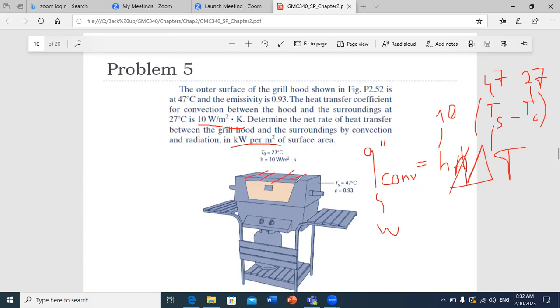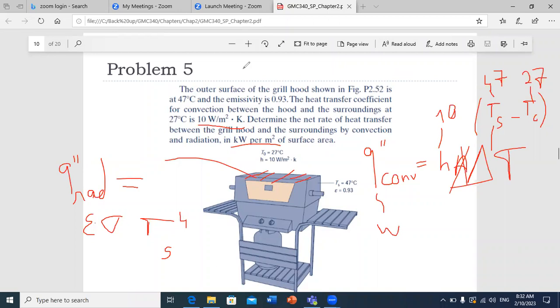And we know that heat loss by radiation from a surface, so Q radiation, is equal to epsilon, because they wanted per unit area, I will not multiply by A. So it's epsilon times sigma times T surface to the power 4. Okay, so this is the emitted flux by radiation.